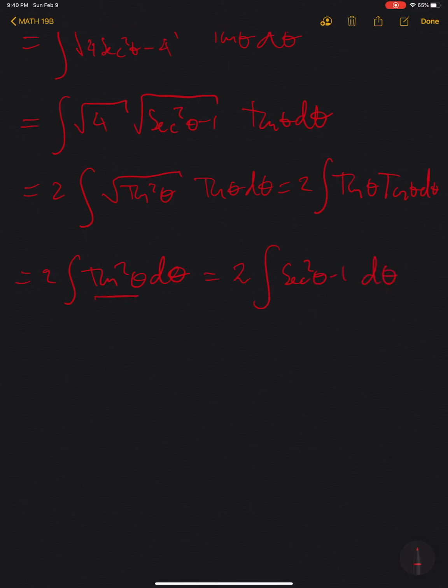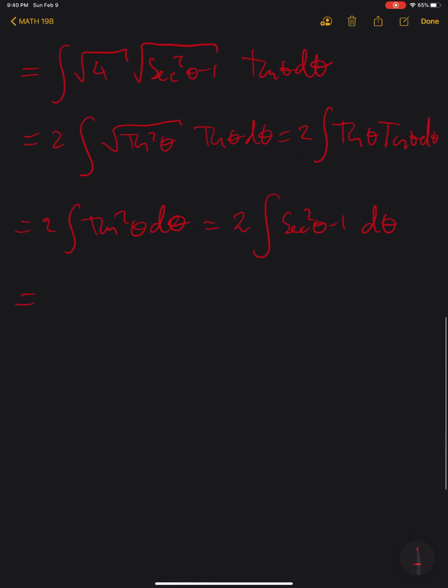So again, tangent square is the same thing as secant square minus 1. And now this is a more straightforward integral, because secant square is the derivative of tangent, and for 1, well, we can take the antiderivative for that. So this becomes 2 times tangent theta minus 2 theta plus a constant.